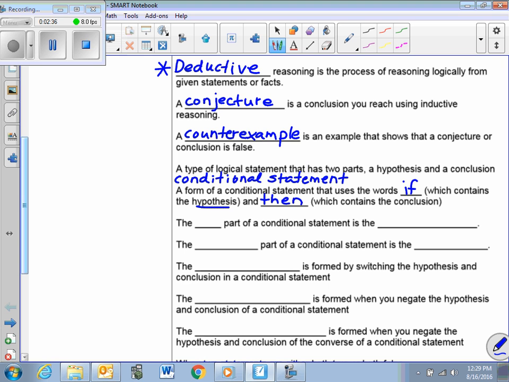That's a conditional statement. It's also known as an if-then statement, and the hypothesis is it is sunny this afternoon. You don't include the if in the hypothesis, and the conclusion is I will go to the pool this afternoon. Everything after the if is the hypothesis. Everything after the then is the conclusion.